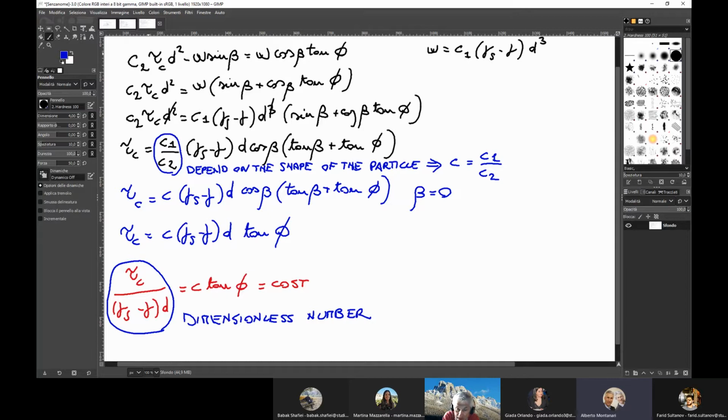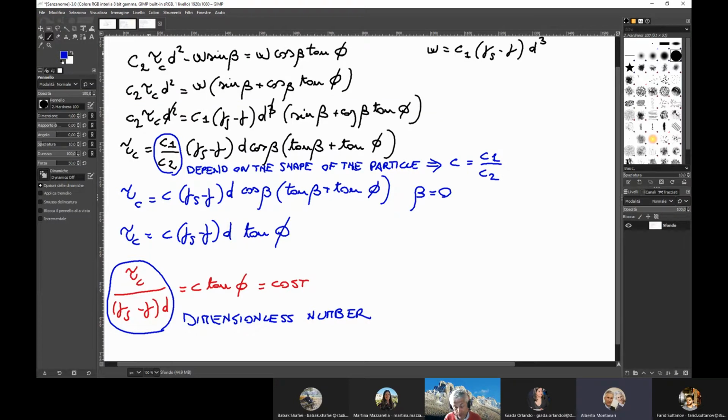It's the dimensional analysis. You may have heard already about dimensional analysis, the Buckingham theorem. Dimensional analysis basically starts from the identification of the relevant physical variables governing a process.